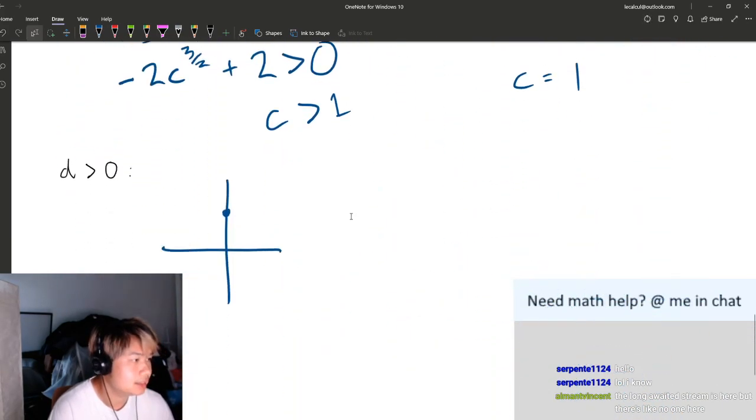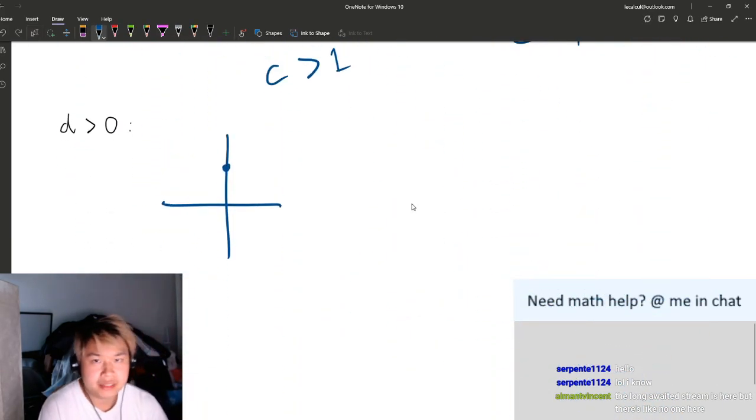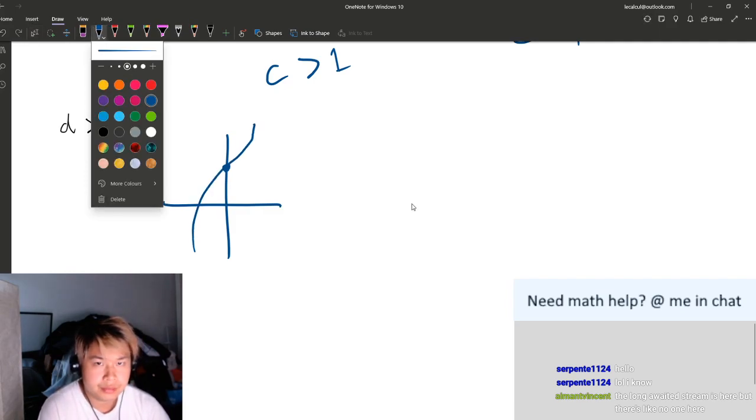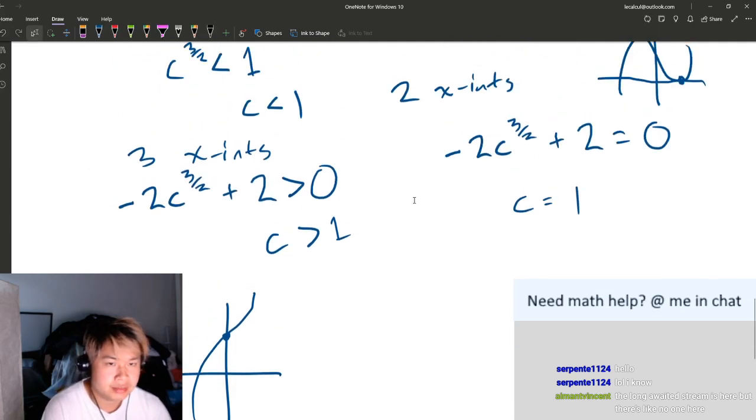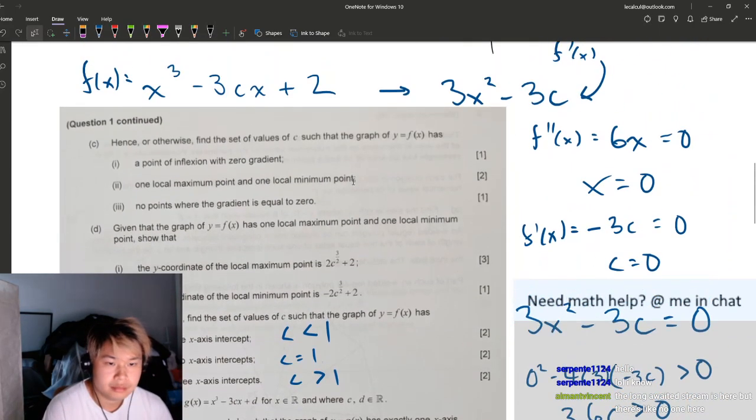One axis intercept. Okay, first off, we can have it look like this. So this means that when C was whatever it was, I should have kept track of these things. Point of inflection with a 0 gradient. So when C is 0, right?